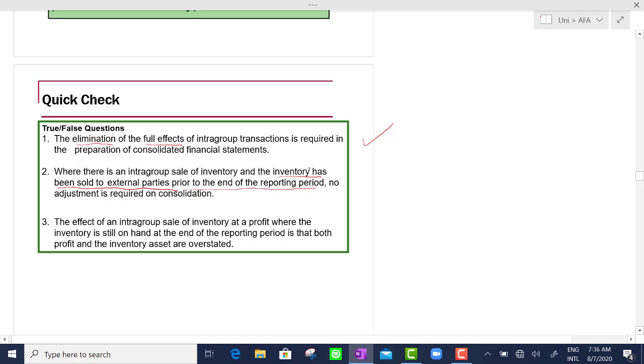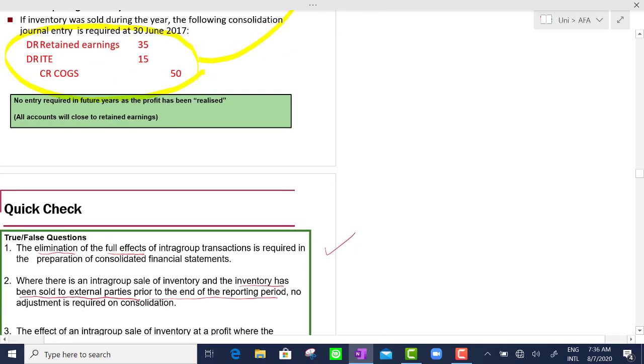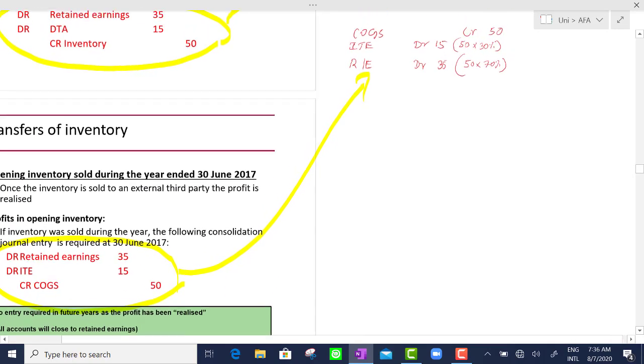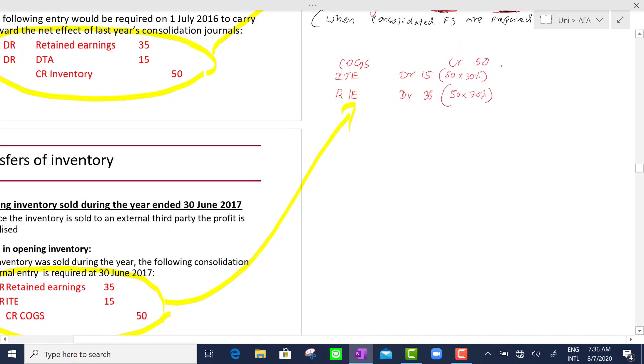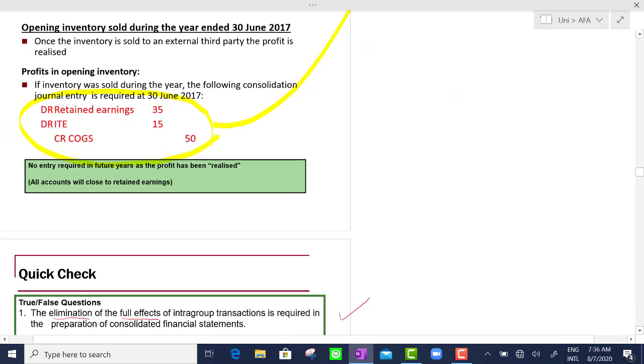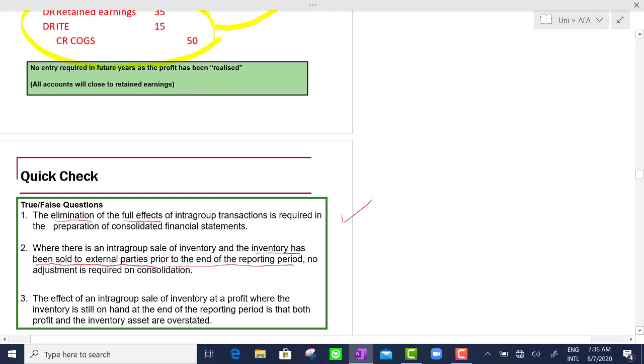Right? That is actually scenario number 5. Scenario number 5. Right? It says everything has been sold. It says no adjustment entry is required on consolidation.